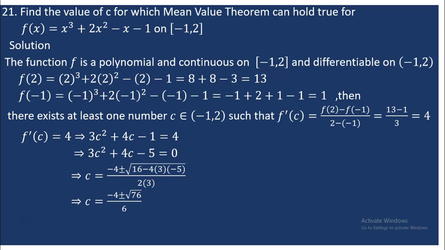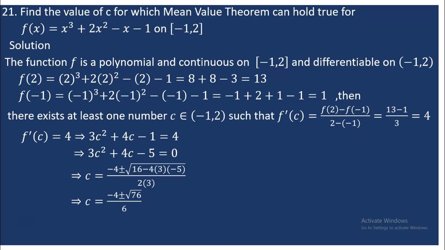But if you consider the plus, -4 plus radical 76 makes -4 plus 8 point something, which basically is 3 point something, and 3 point something divided by 6 is a positive number, which actually is close to 0 point something. Clearly 0 point something is within the interval -1 to 2, so we can consider the positive one.